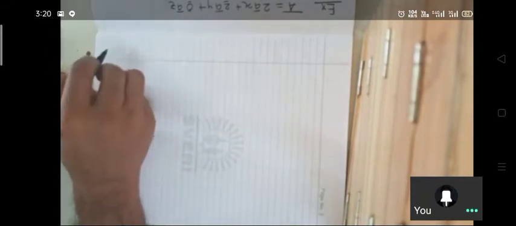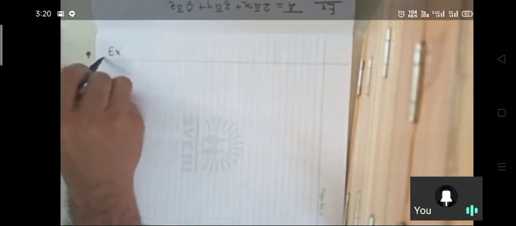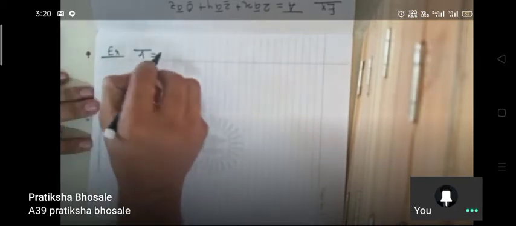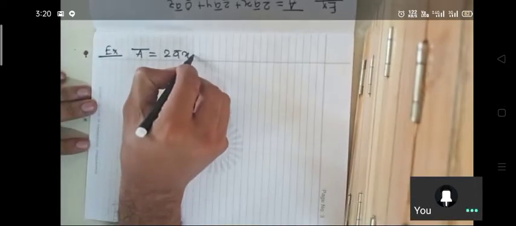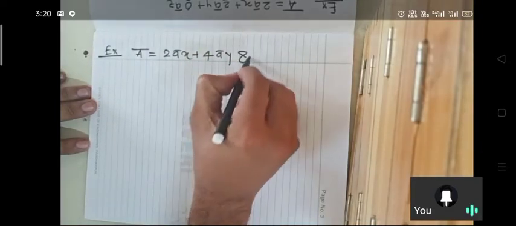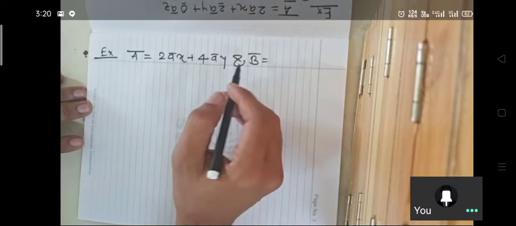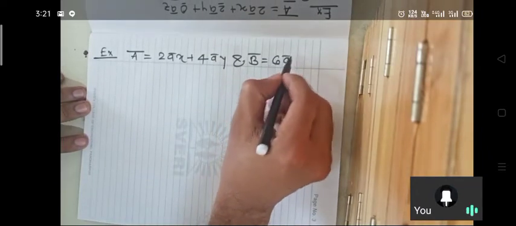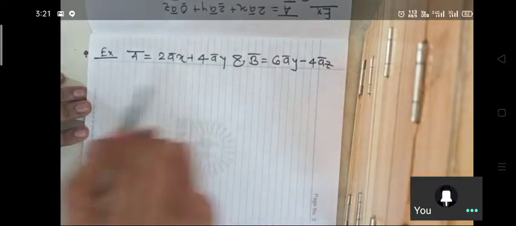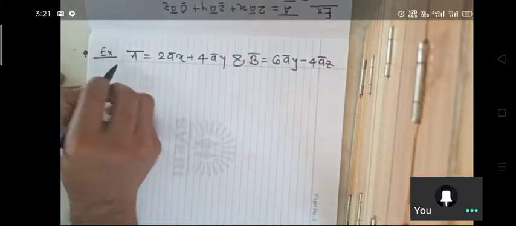So given we have two vectors again, a bar is equal to 2 a bar x plus 4 a bar y, and b bar is equal to 6 a bar y minus 4 a bar z. So these are the two vectors.